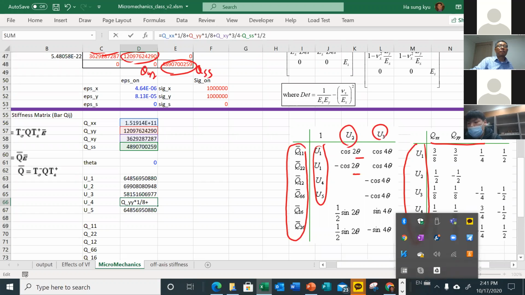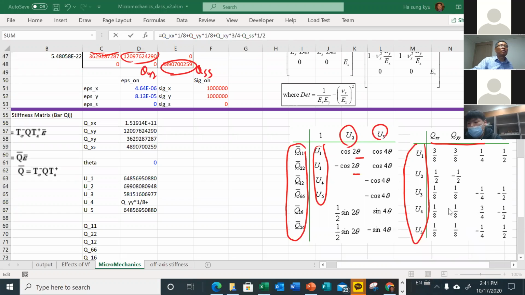Take a look. This one is 1/8, and 3, and there is a minus, and that is the 4. And also U3, this is 1.